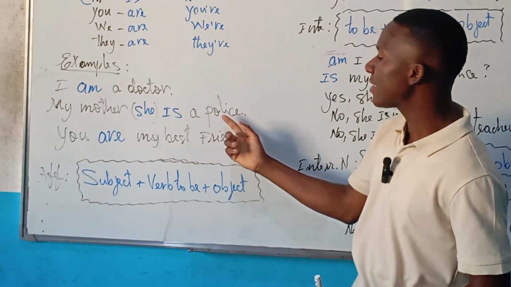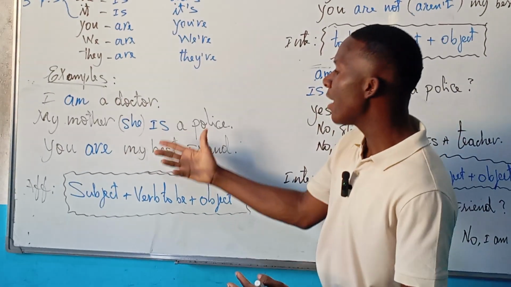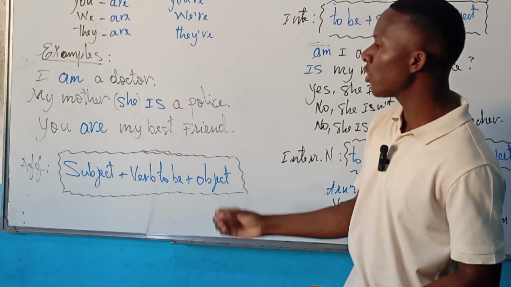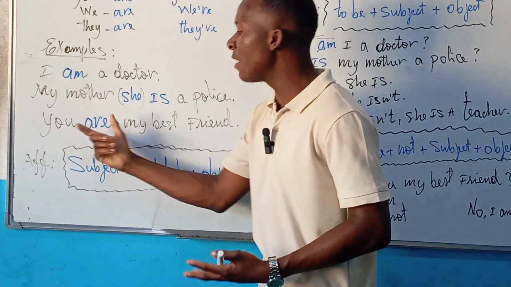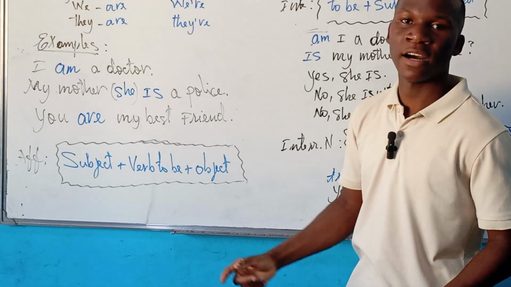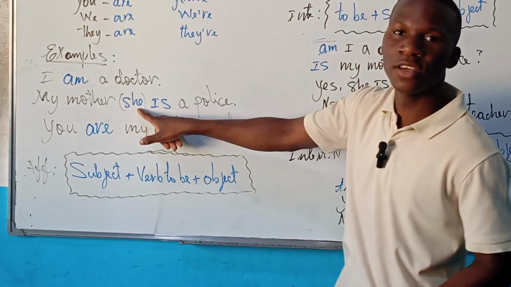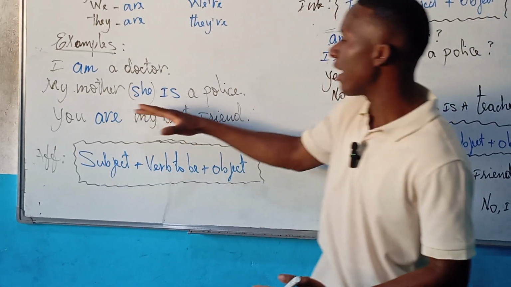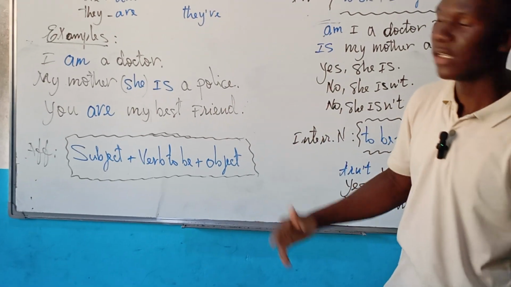Here we've got our second example. My mother is a police officer. Here, why is it "my mother is"? Because we want to know which personal pronoun can replace my mother. The personal pronoun that can replace my mother is she. Instead of saying my mother is a police officer, you can say she is a police officer.